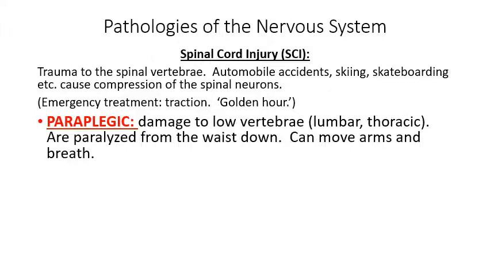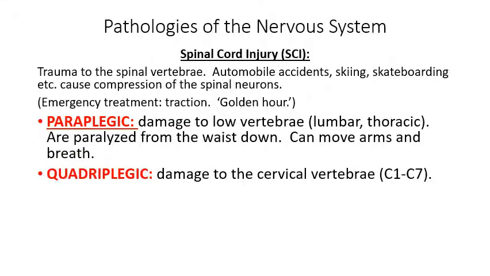A paraplegic is somebody who's paralyzed from the waist down, so they don't have control over their legs, basically. Sometimes they don't have control over their urination or defecation either. Okay, but you can move your arms, and you don't need a machine to breathe, so you can still breathe. That's a paraplegic, generally somebody who has damage to a lumbar vertebra or a thoracic vertebra in the back.